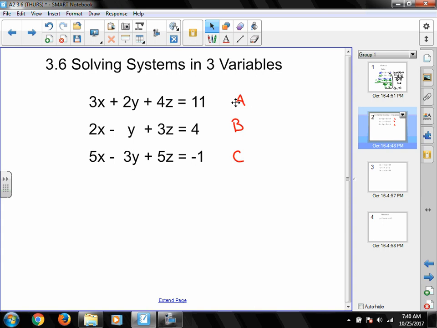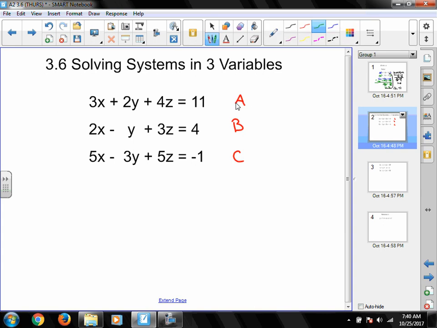So what we want to do is somehow combine two of our equations to eliminate one of our variables. Well, I see that I have my y's in equations A and B. They already have opposite signs, and in equation B, y has a coefficient of 1. It's already by itself. So that would be pretty easy for me to manipulate.